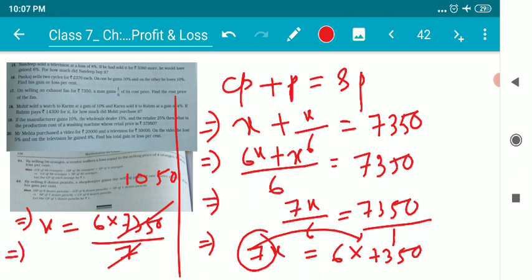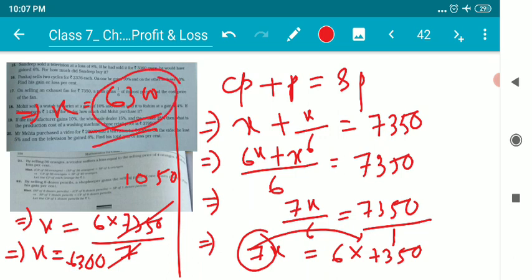So naturally X is equal to 6 into 1050, which is 6300. So the value of X I'm getting is 6300. So children, what does it mean? It means that the person had bought the fan from a shop. The cost price was 6300.